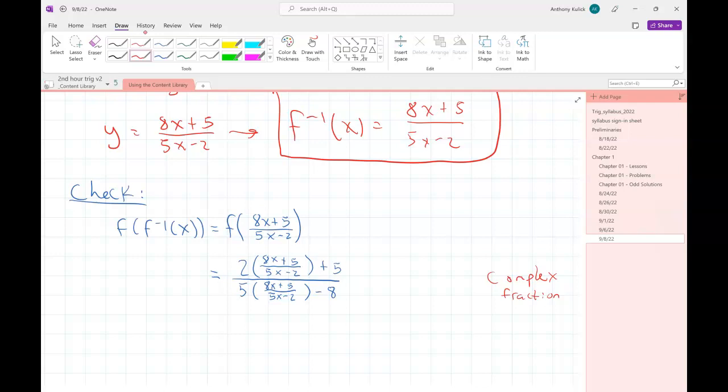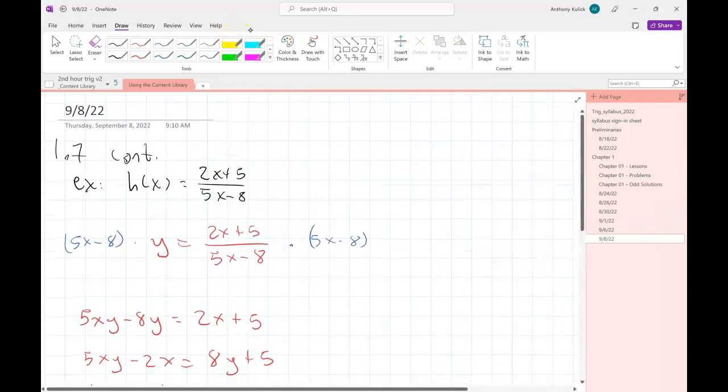All right. So what do I want to do to simplify something like this? Here's the trick. My big problem is I got these fractions inside of fractions. That's going to be my first order of business to get rid of. The numbers on the outside.